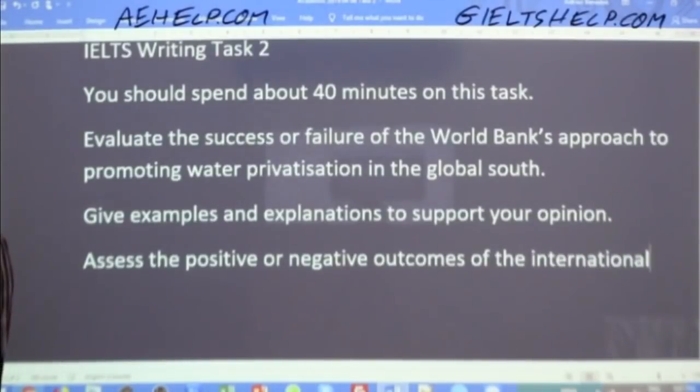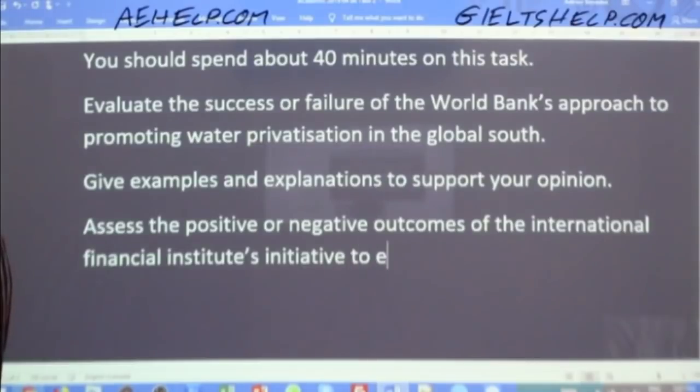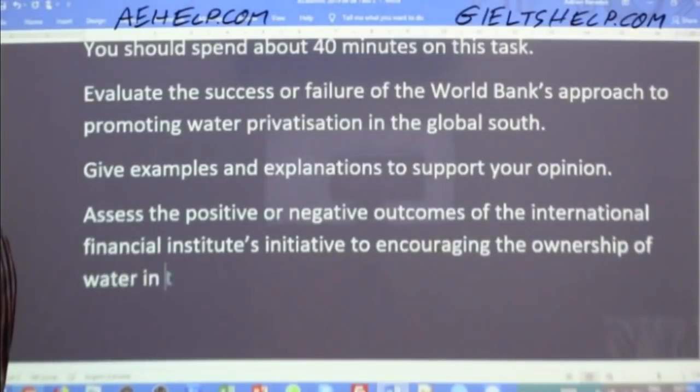So assess the positive or negative outcomes of the International Financial Institute's initiative to encouraging the ownership of water in the southern hemisphere.